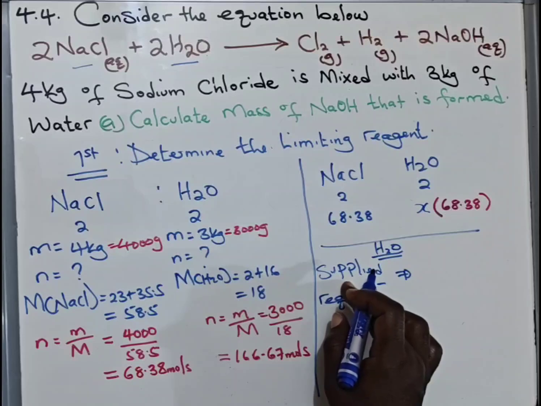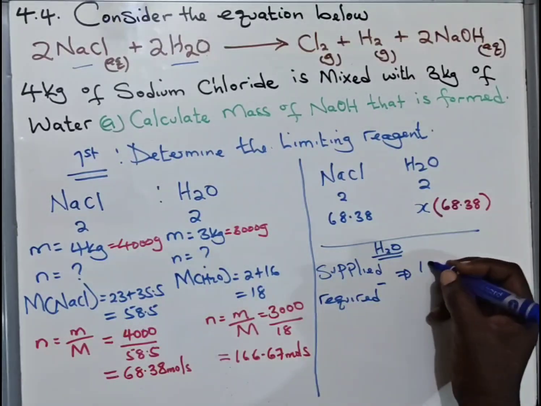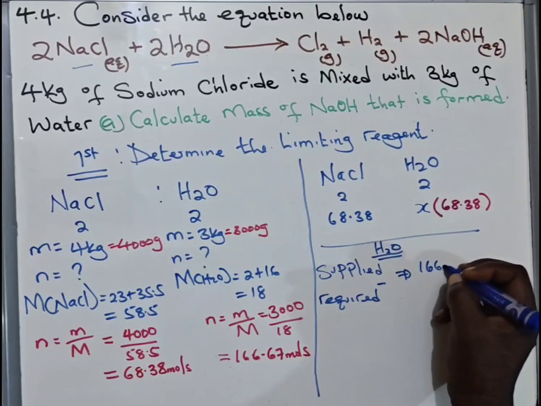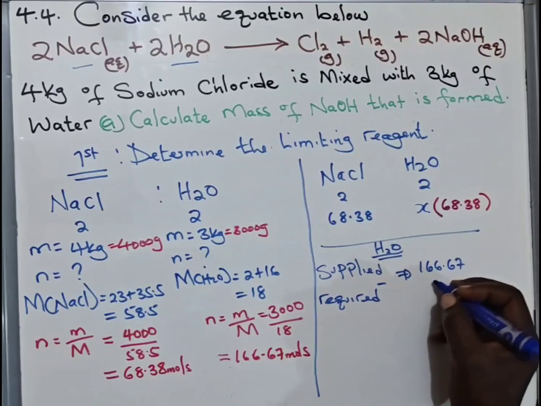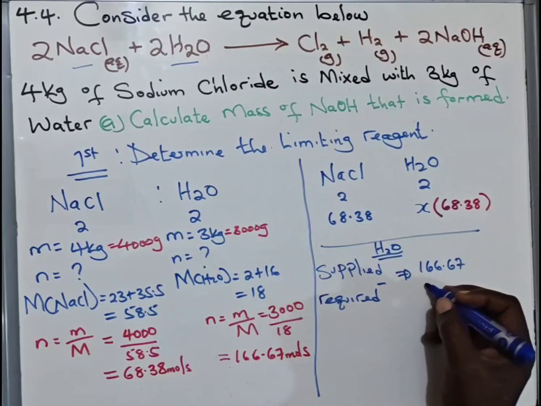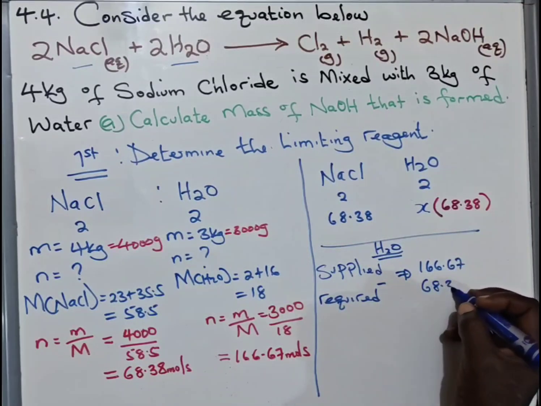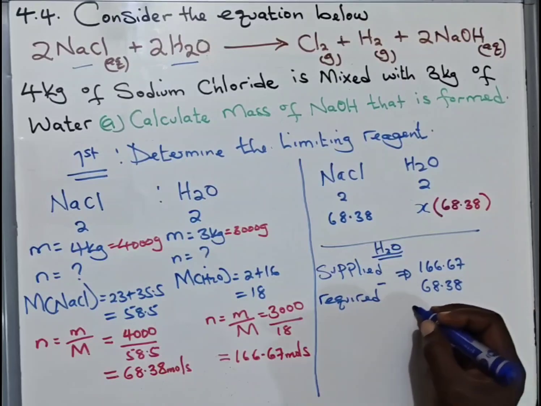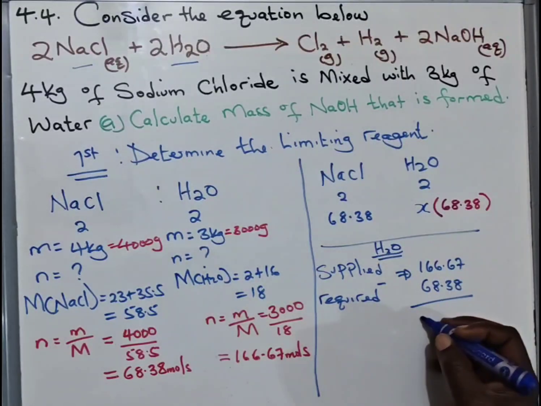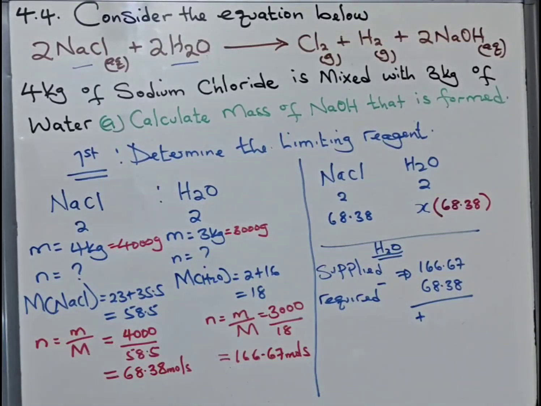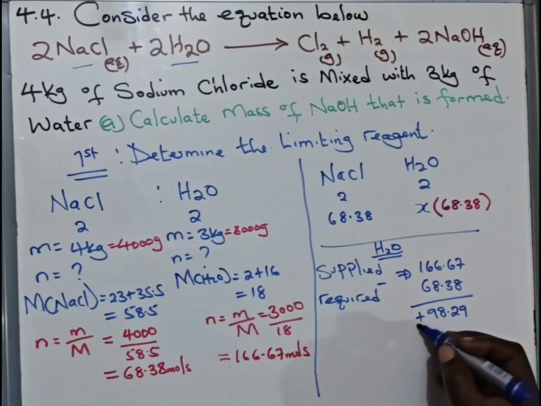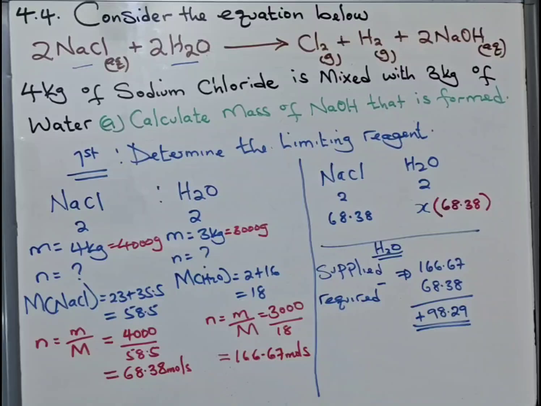Supplied for water is 166.67, and the required is 68.38. What does that mean? That we are going to have a positive difference. Yeah, this is what we have.